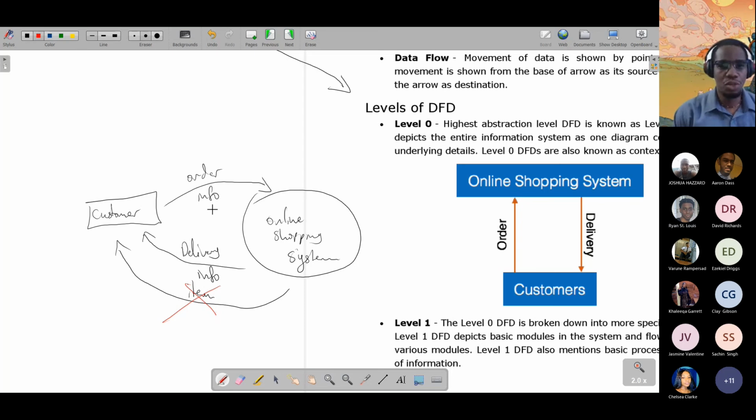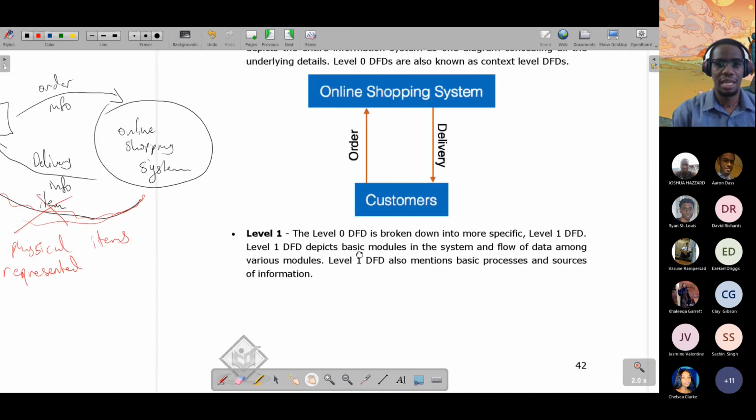Right? So we do not show anything like this. No physical items represented.